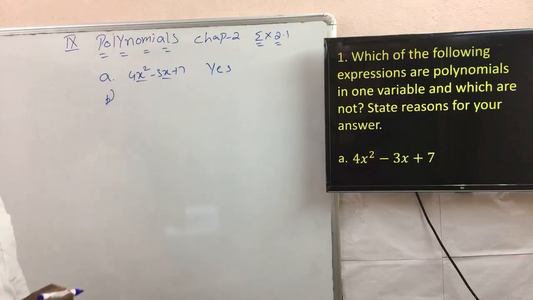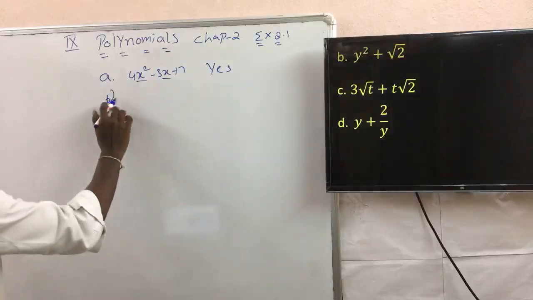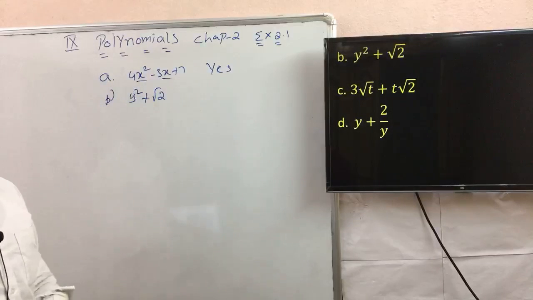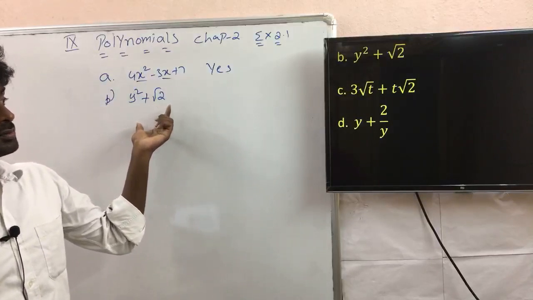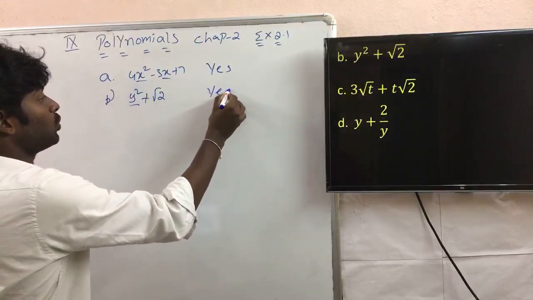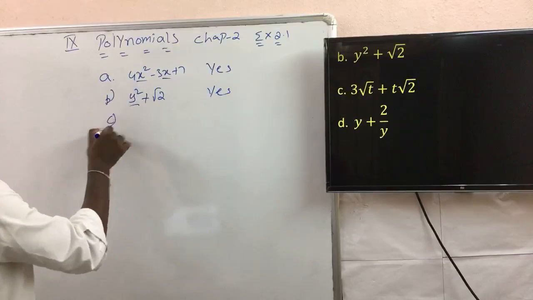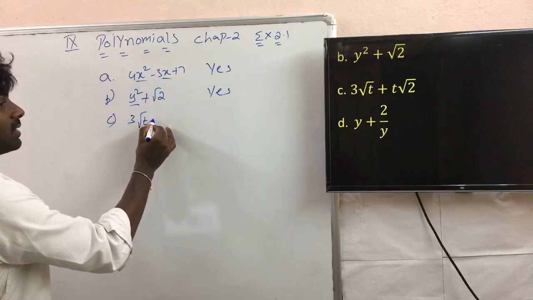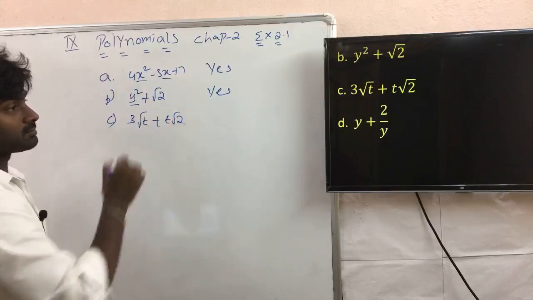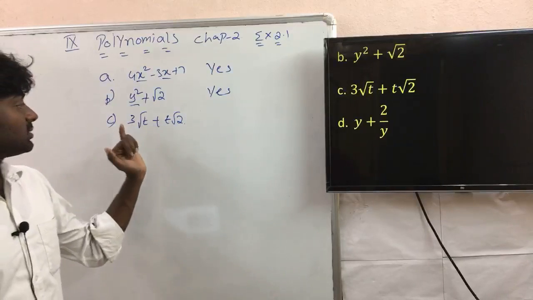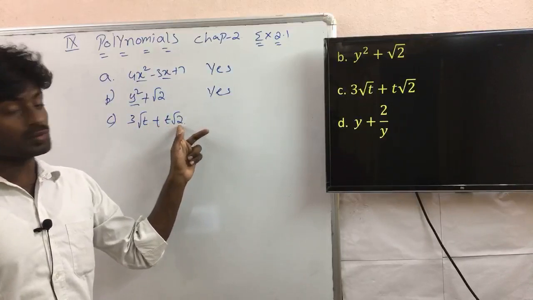Next sum, y square plus root 2, as the only variable is y. So see third one, 3 root t plus t root 2.